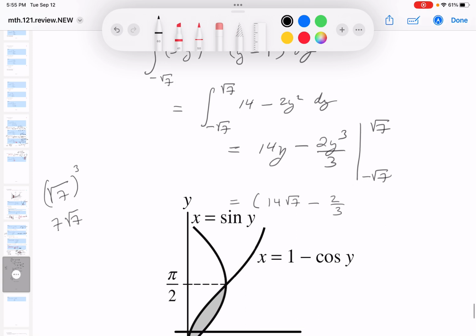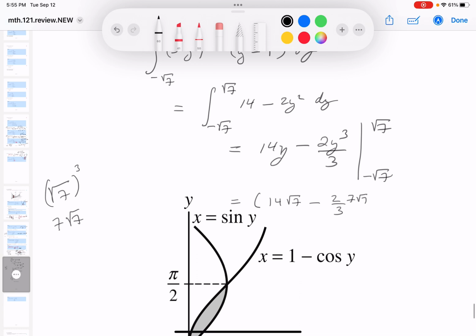It's 7 root 7s. Put a little dot there. Right, minus, what are you going to get there? Minus 14 root 7s. And then it's going to be minus and minus, so it's going to be plus now. It's going to be 2 thirds times 7 root 7.